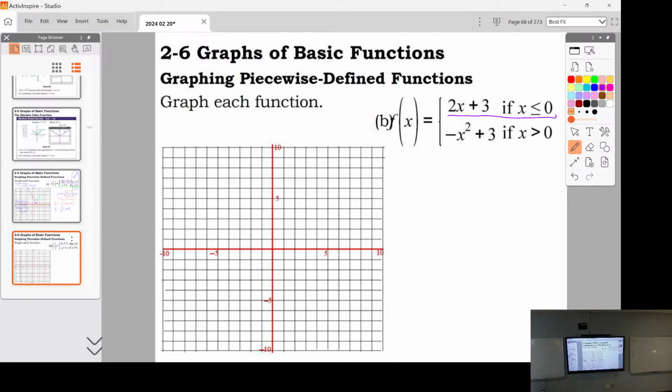Let's start by sketching 2x plus 3. First of all, what's it look like? A line. Simply a line. Y-intercept at 3 with a slope of 2, up 2 over 1, up 2 over 1. Back, down 2, back 1, down 2, back 1.